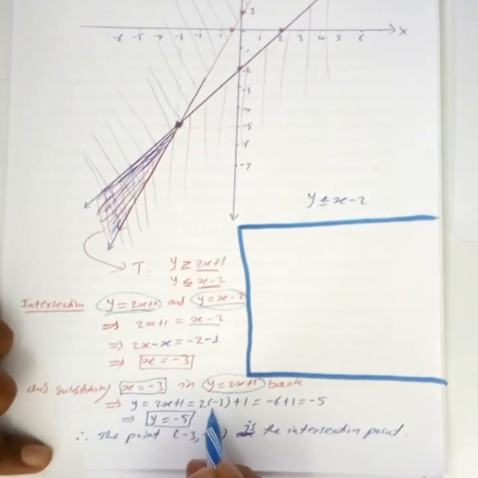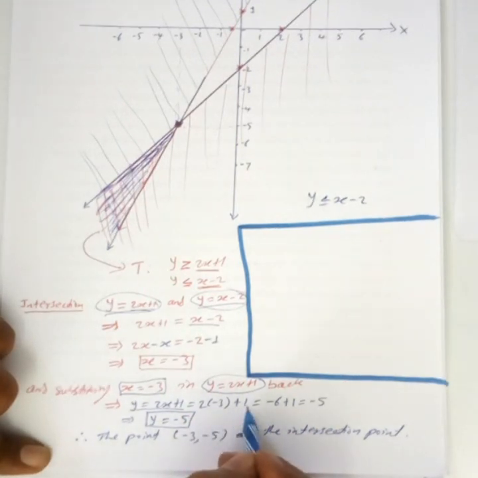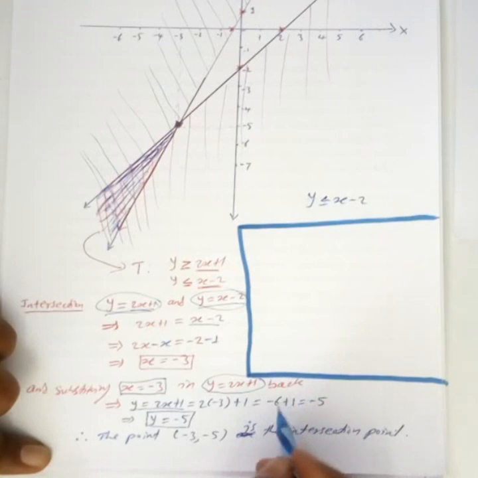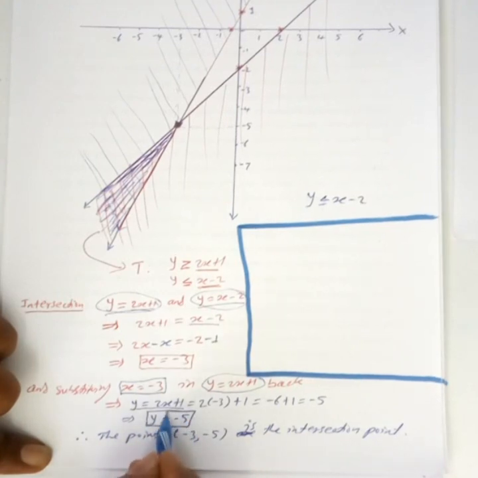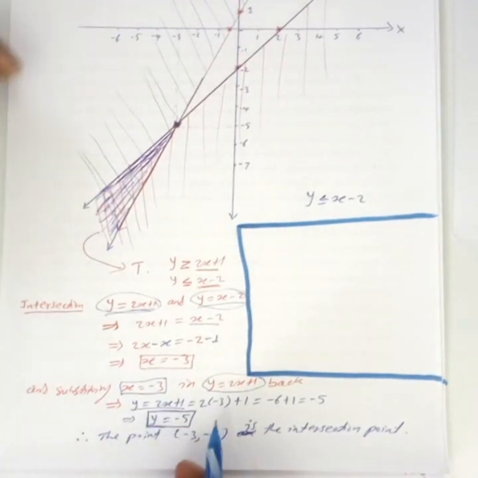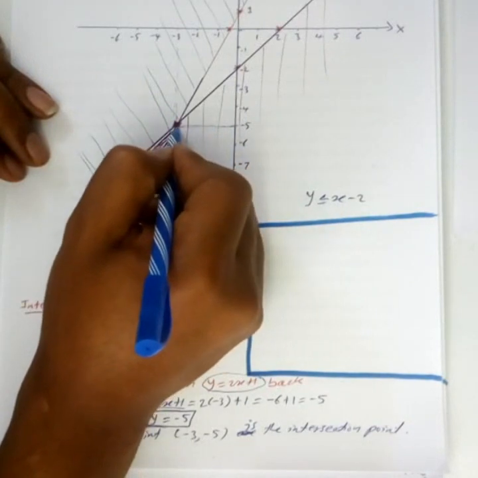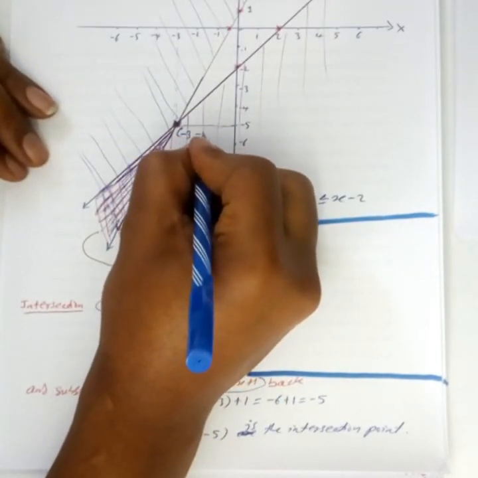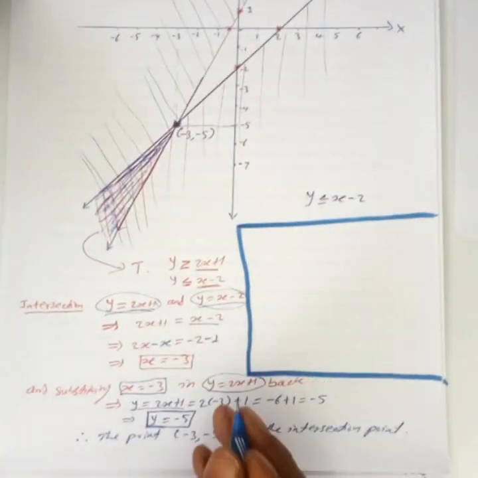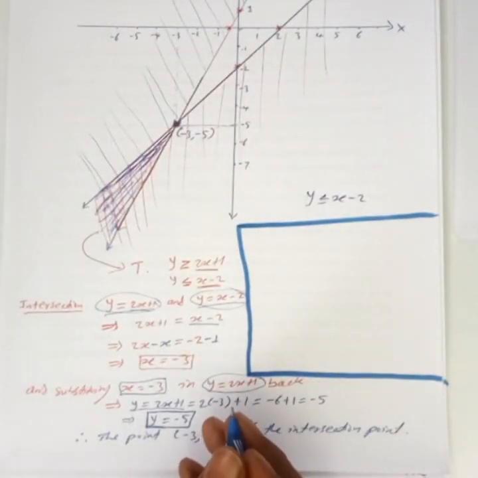Then we will get 2 times negative 3 plus 1, which is equal with negative 6 plus 1, and the value of y is negative 5. Again, this is where the two graphs intersect each other. That is the point negative 3, comma negative 5.